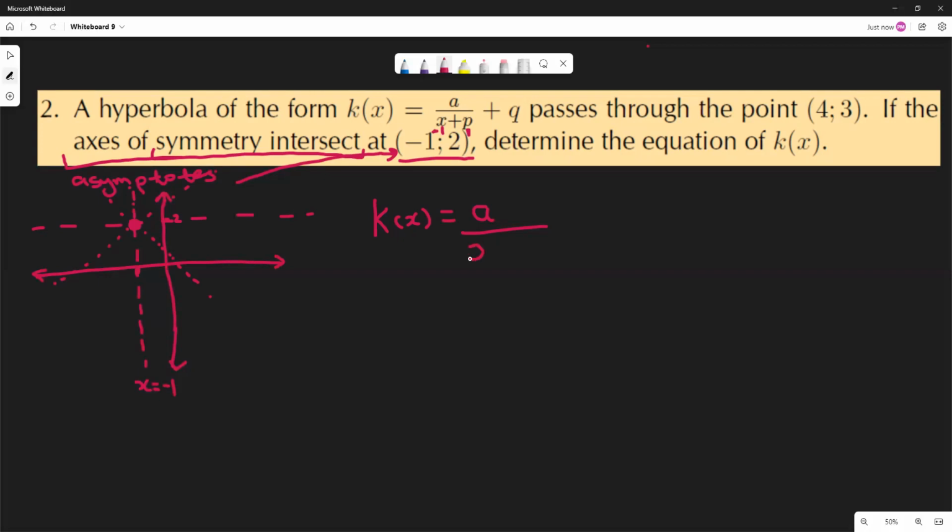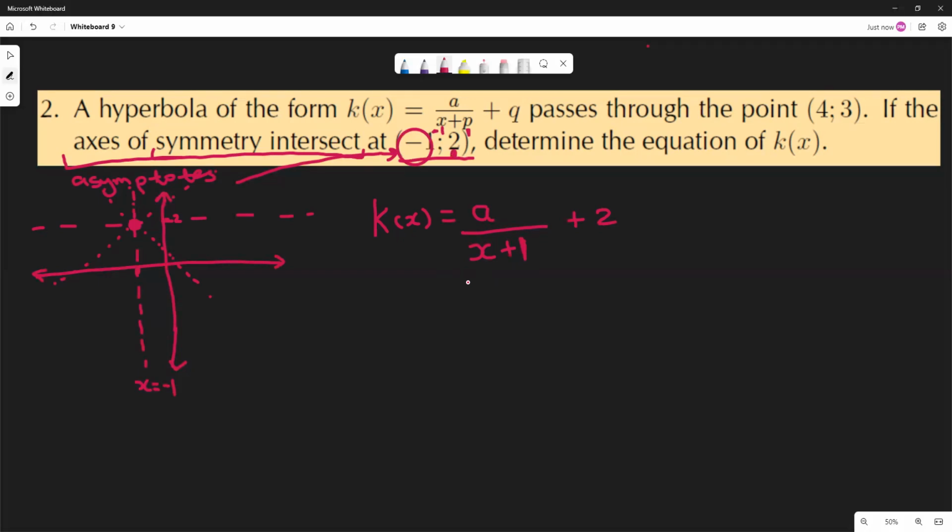So at the bottom, I'm basically having x plus 1, so that when I put -1 here, I'm going to get 0. When you put the x asymptote in, you write the bottom in such a way that you get a 0 overall. And the y value is your q. So your q is +2.